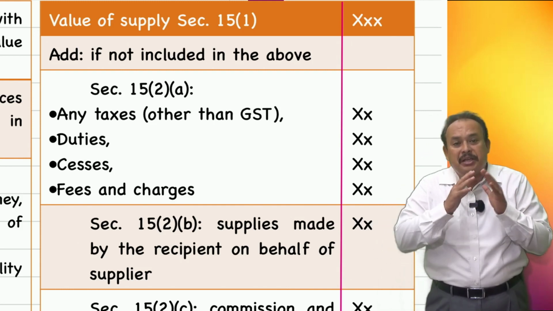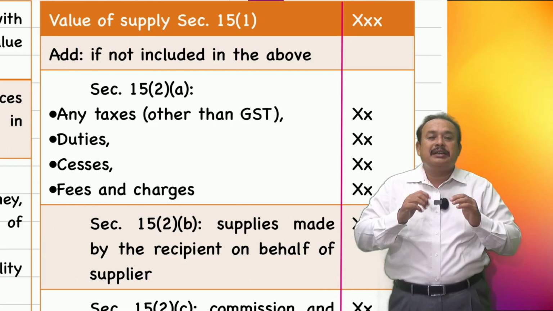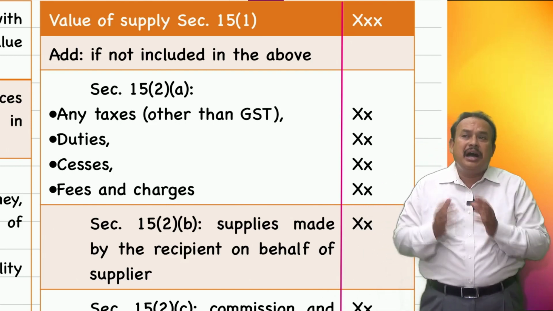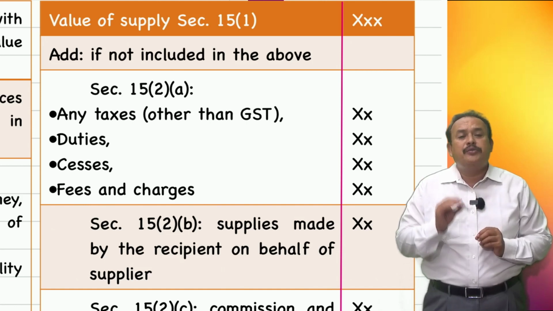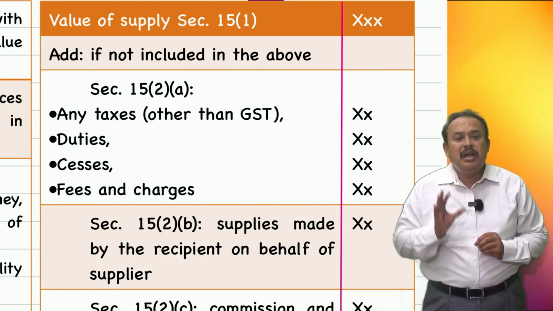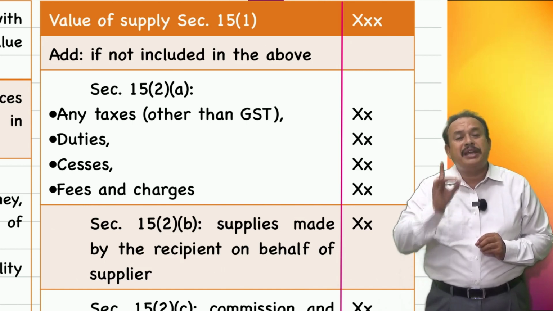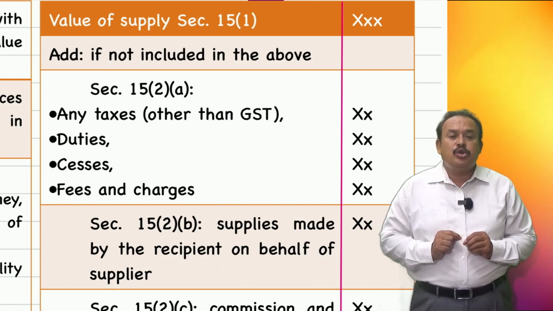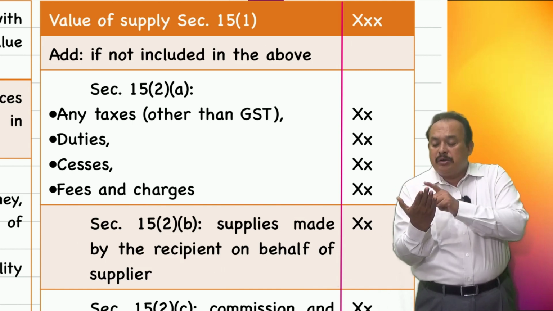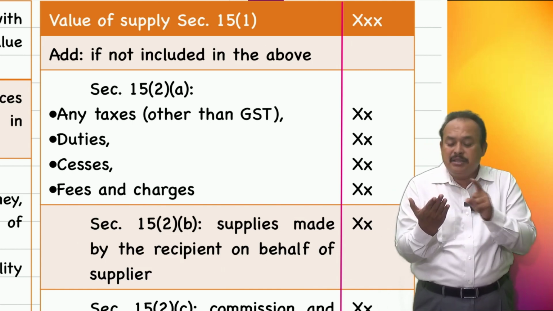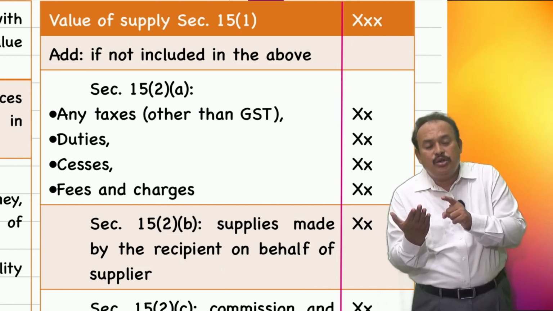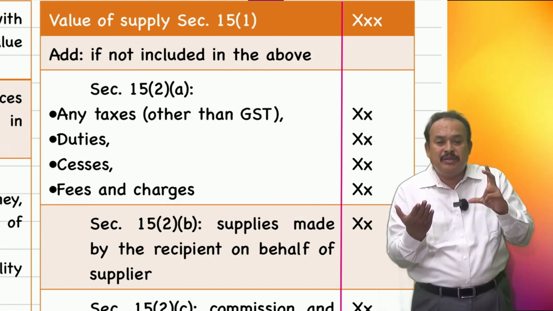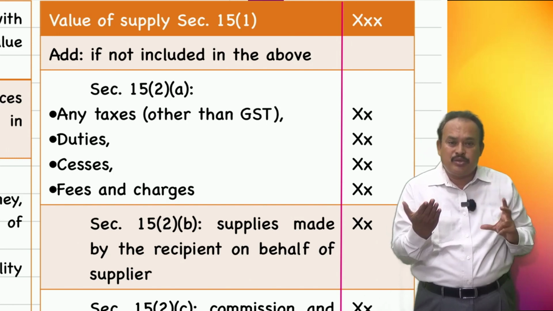I purchase capital goods. I am a registered person under GST law. I purchase the capital goods for rupees 10 lakhs and pay GST at 28%, namely 2,80,000. So the total invoice value shows capital goods of 10 lakhs plus IGST of 2,80,000, a total invoice value of 12,80,000.